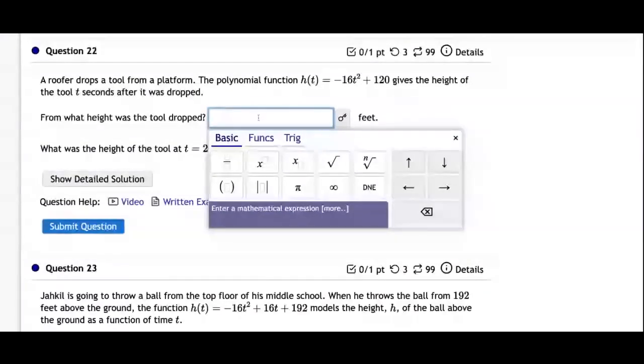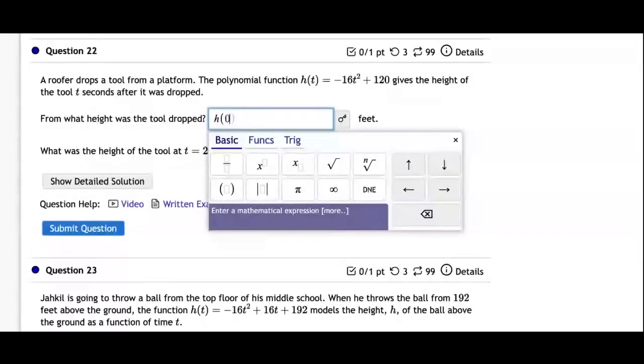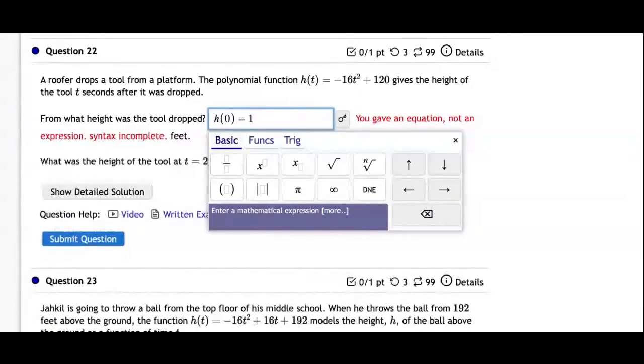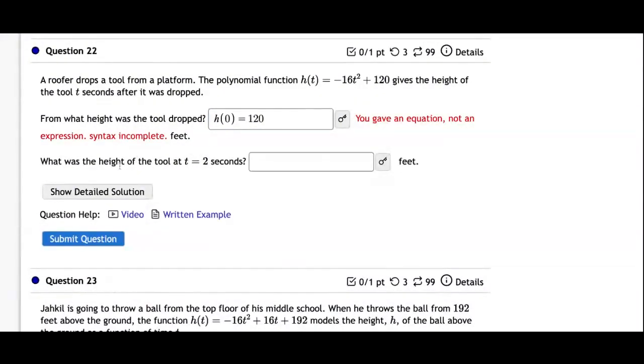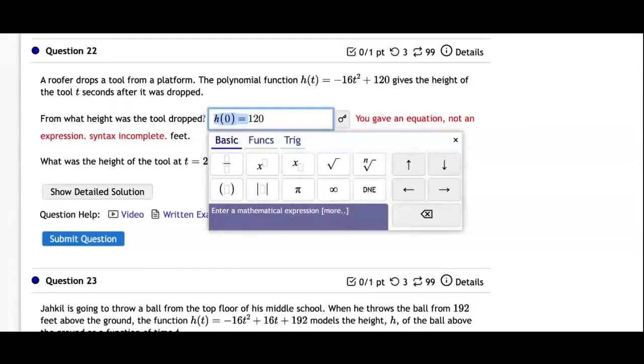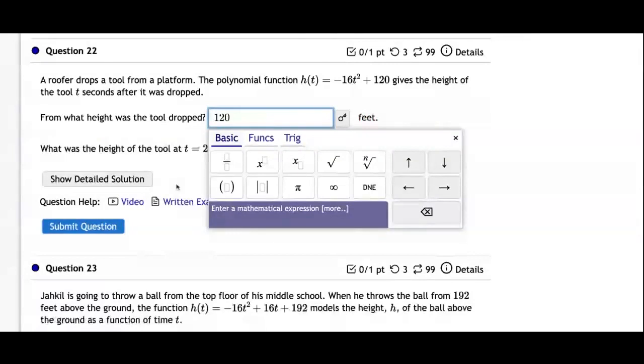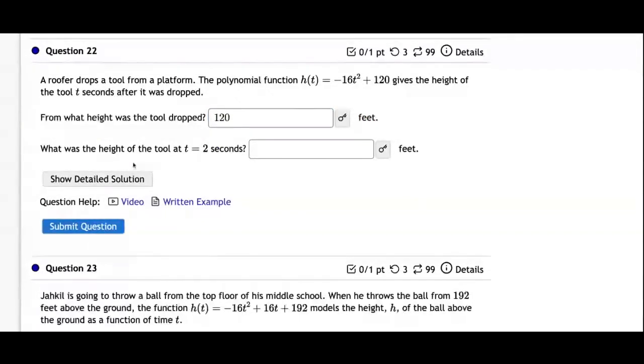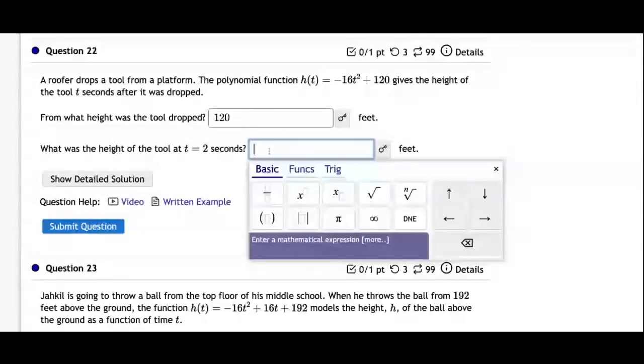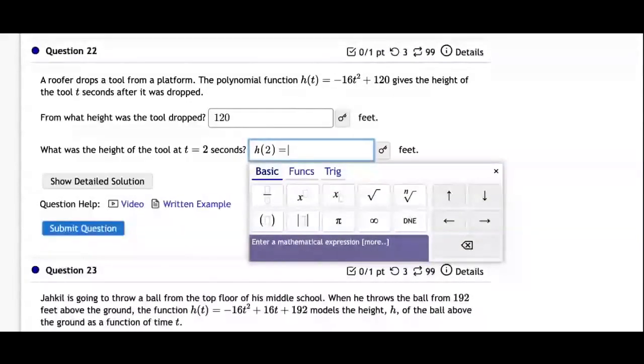So that means h of 0, this is 120. Then what was the height of the tool at 2 seconds? This is h of 2. So do the calculation.